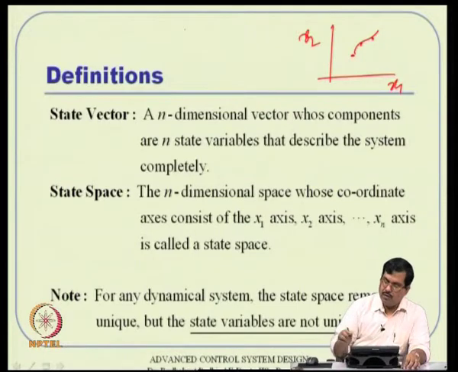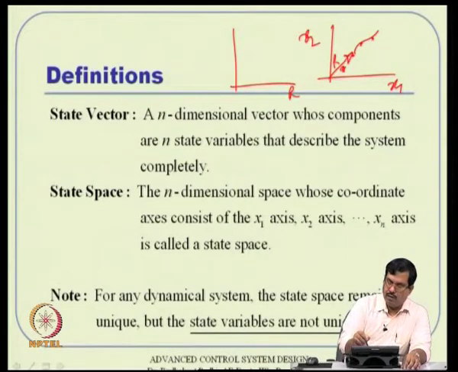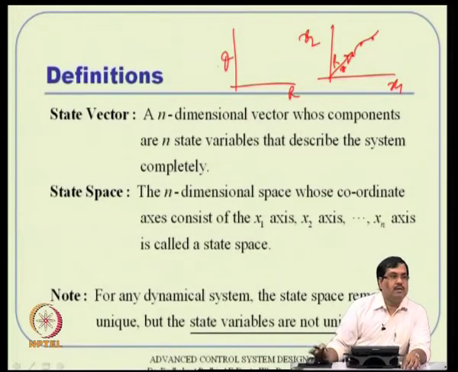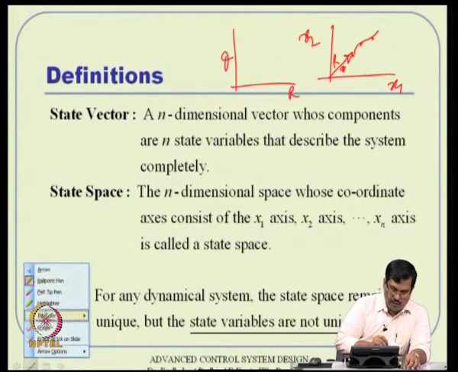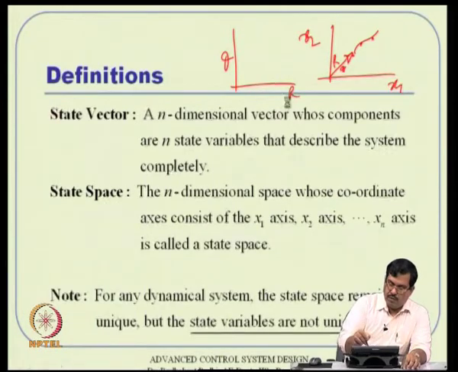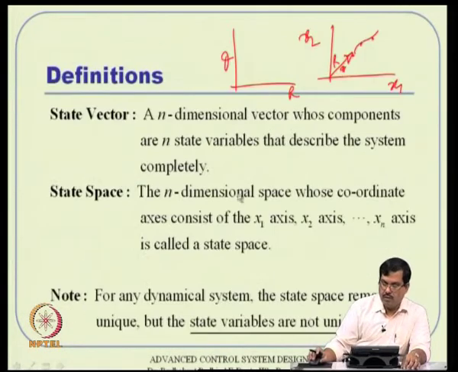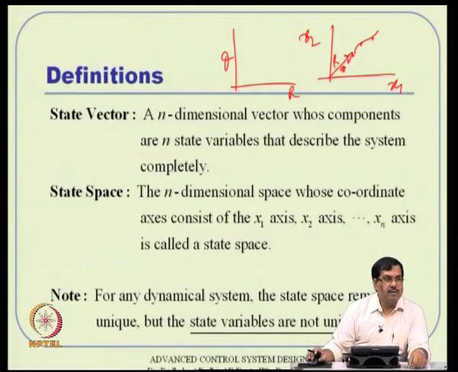However, I can also represent these points by an r theta coordinate, this is r and this is theta. That is also possible. Remember, this is still a 2 dimensional problem. So, whether you talk about this r theta system or the x1 x2 system, the state space is still 2, but the state variables are not unique.